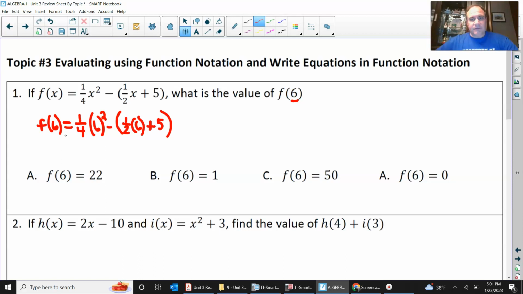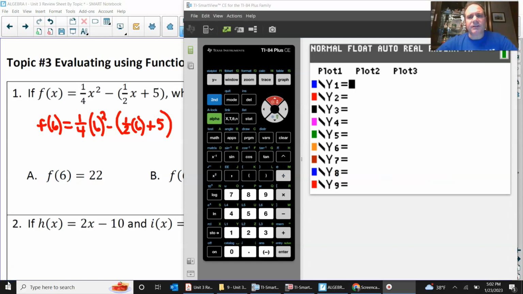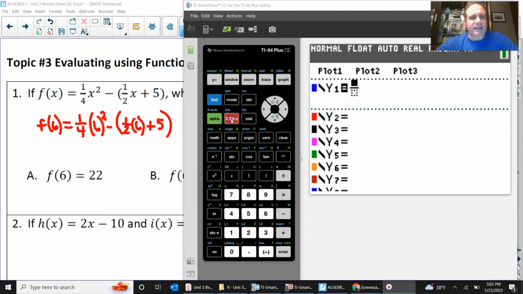But even so, I'm going to grab my calculator and press y equals. Very important to press y equals. Alpha x, 1/4.